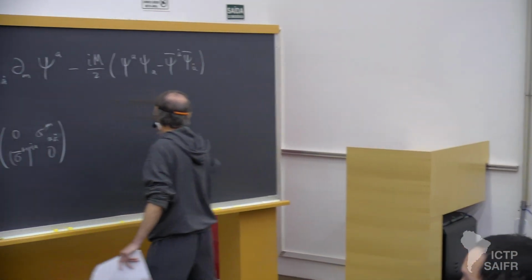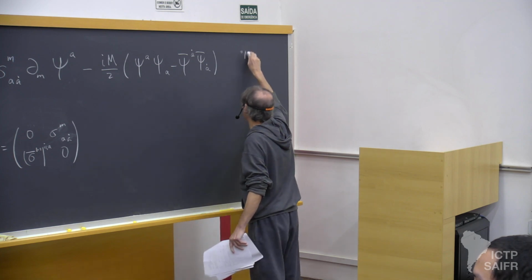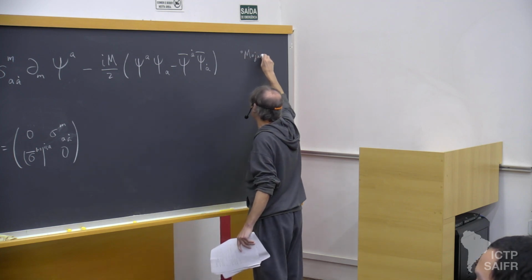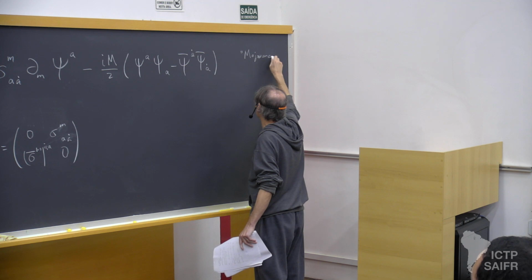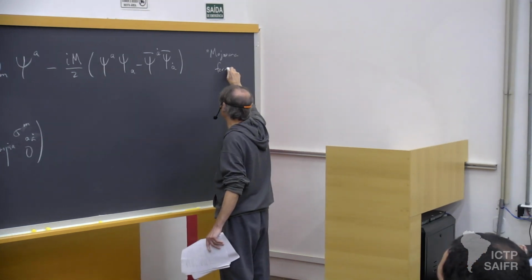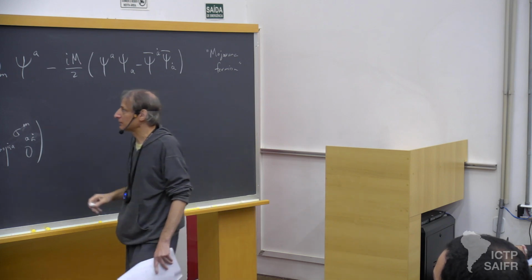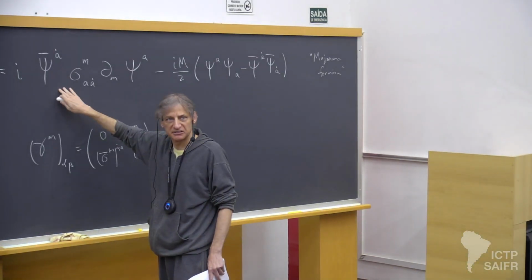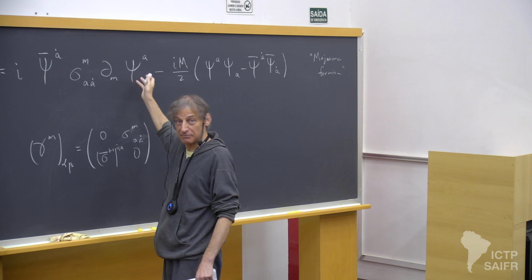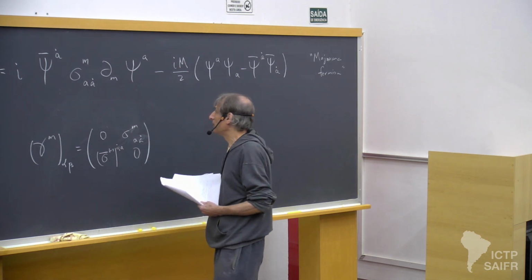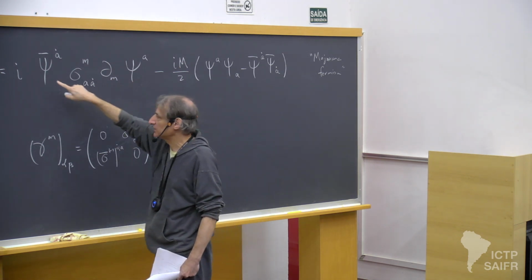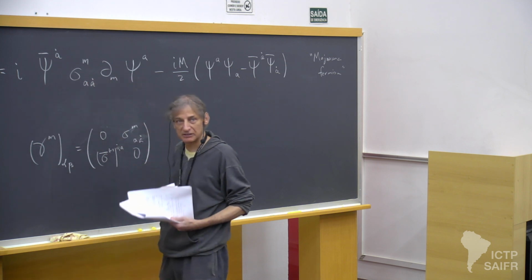Now this turns out to, in his language, would be a Majorana. So I don't think he's described the difference between Majorana and Dirac. But there are different representations. And if this psi is the complex conjugate of psi bar, then it's called Majorana.